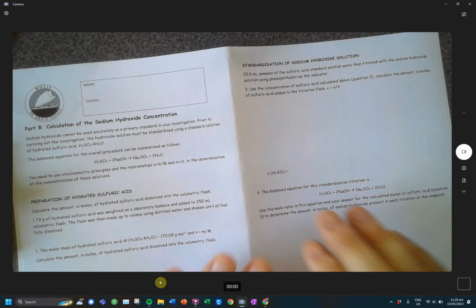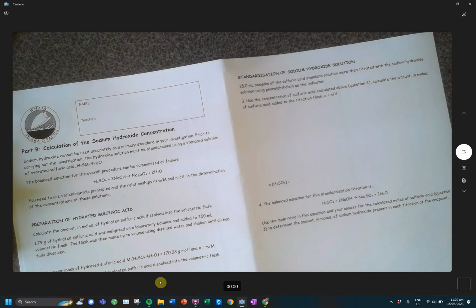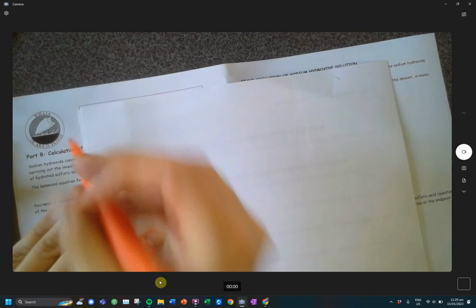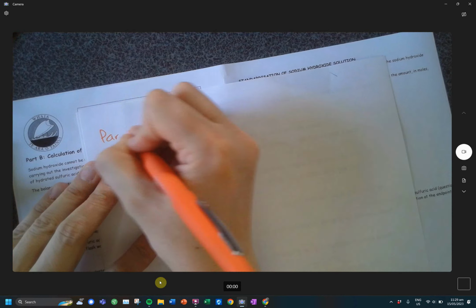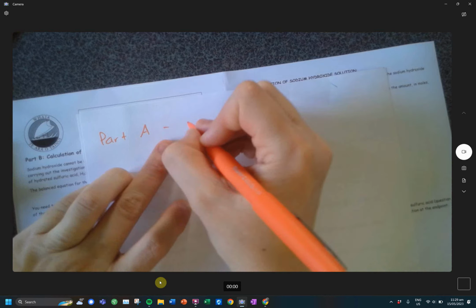Okay. So, ladies that are doing science. All right. So, one of the things we have to be mindful of in this titration, let me just give you an overview of what you've done so far. So for part A, remember you did a rough ratio.